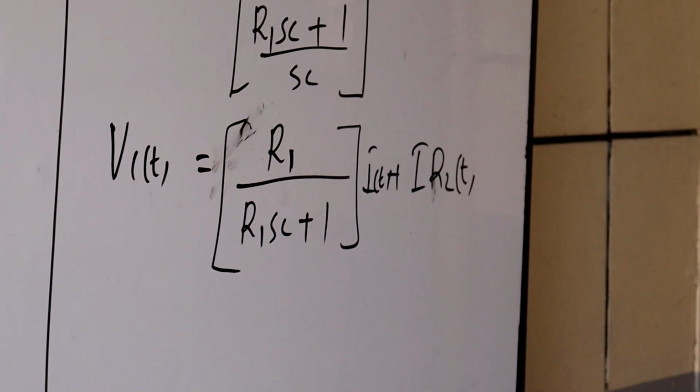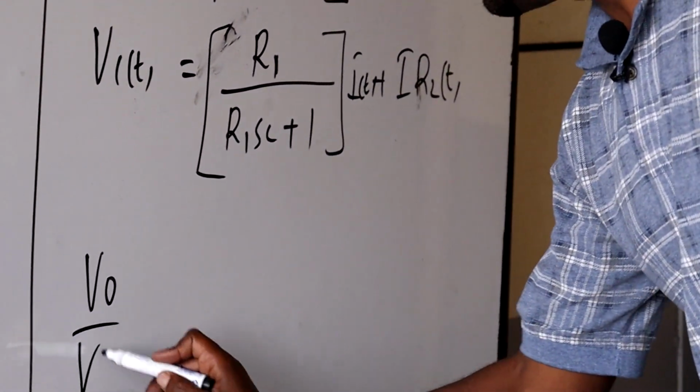But we know that the transfer function is given as V out all over Vi.